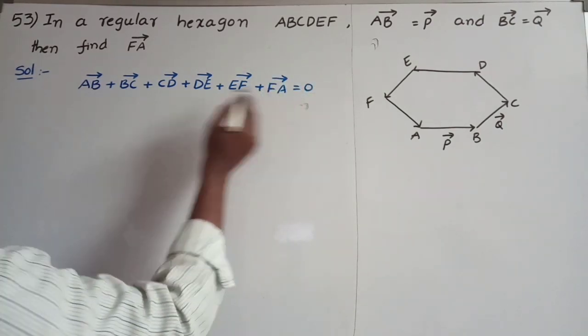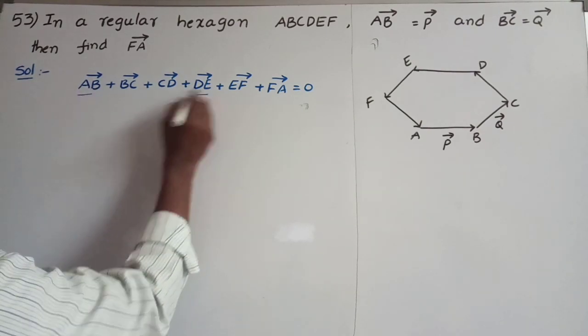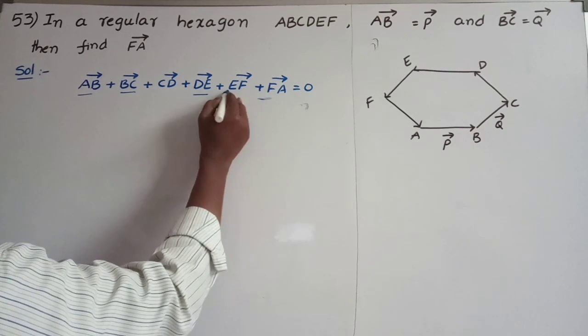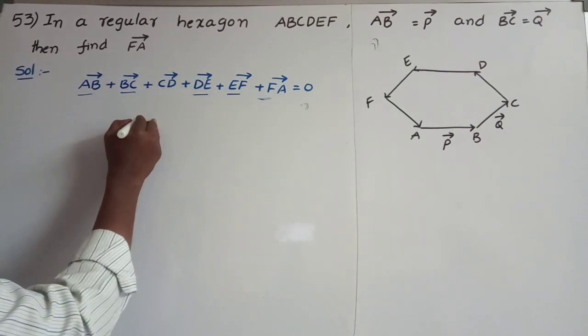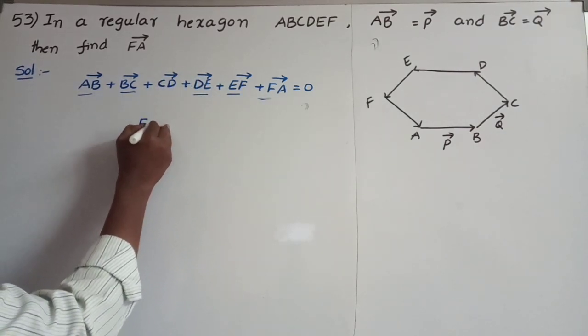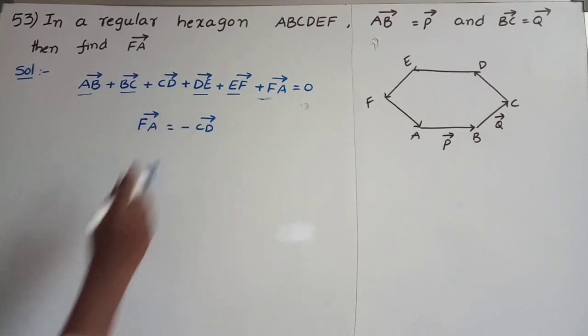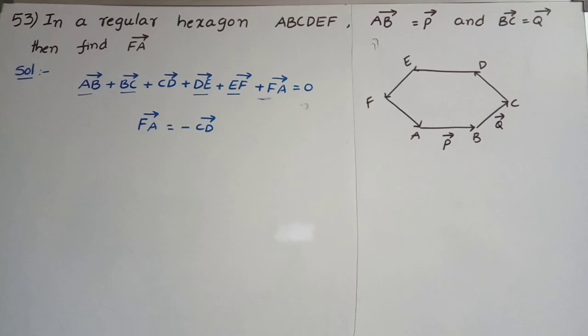But AB bar and DE bar are opposite, BC bar and EF bar are opposite. So from this we can write FA bar is equal to minus CD bar, or CD bar is equal to minus FA bar.